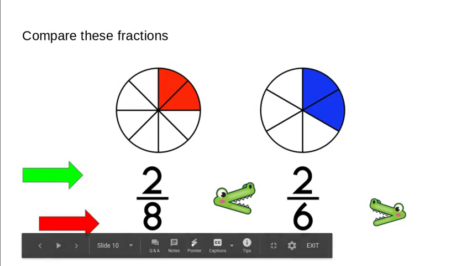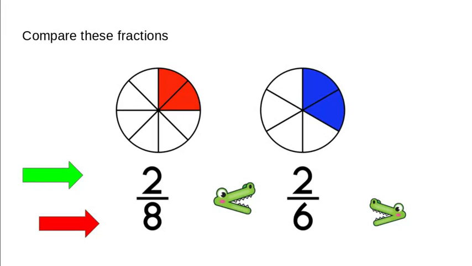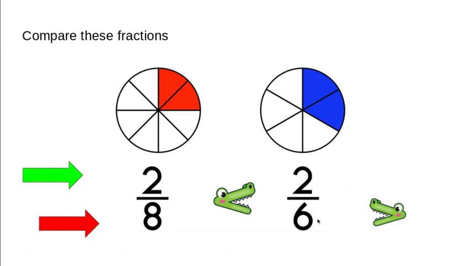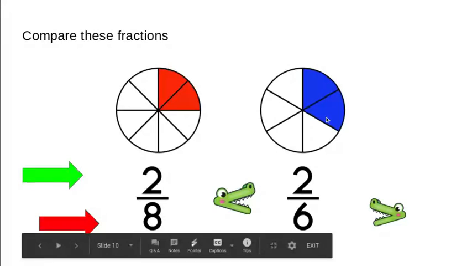But let me look at my numerator. Oh, okay, 2 and 2. See, they're the same. So 2/8 and 2/6. Which one is larger? 2/6 is larger.